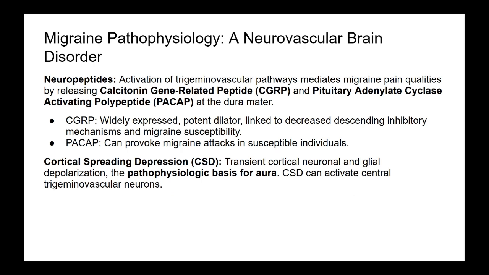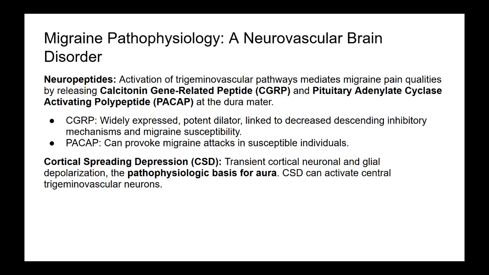Activation of the trigeminovascular pain pathways is thought to mediate part of the qualities of migraine pain by the release of neuropeptides, such as calcitonin gene-related peptide and pituitary adenylate cyclase activating polypeptide at the level of the dura mater. Calcitonin gene-related peptide is widely expressed in both peripheral and central neurons and has potent dilator qualities.